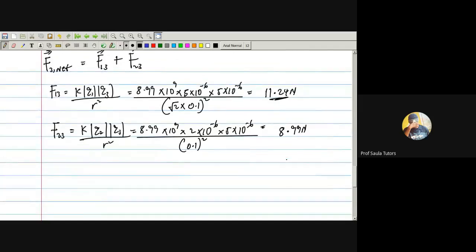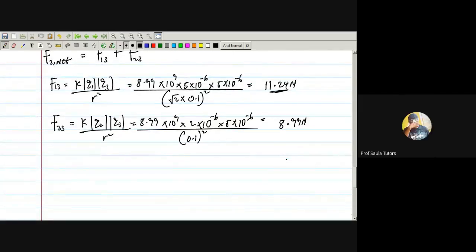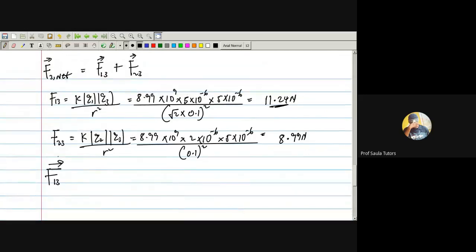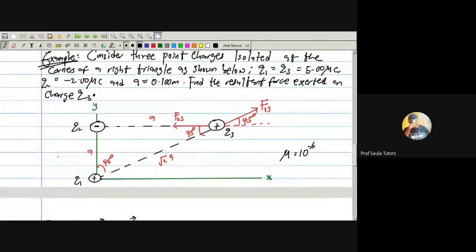Now we have got the magnitudes. Next, let us resolve this force into its components from magnitude and direction, that is, into vertical component and also horizontal component. Now, look at F13.